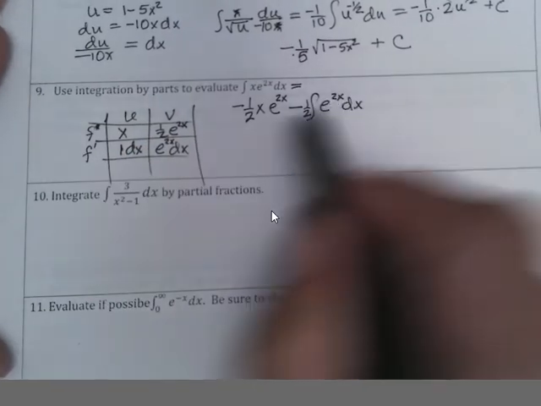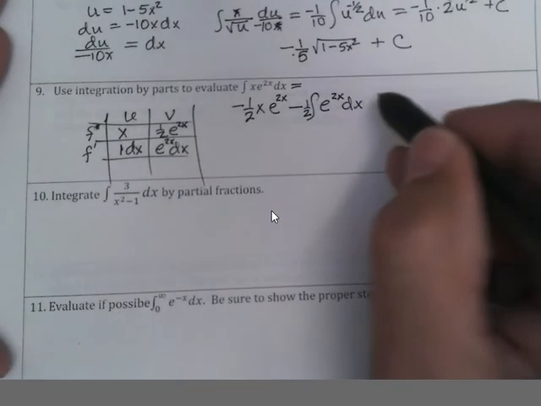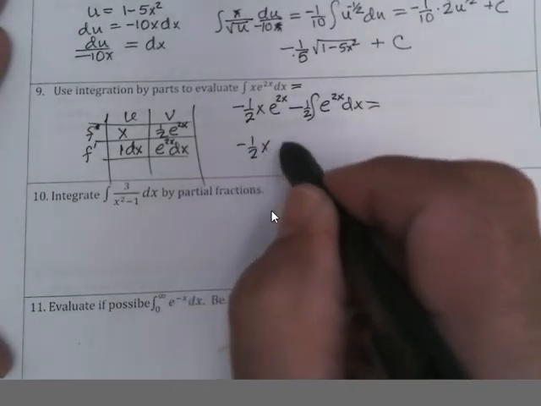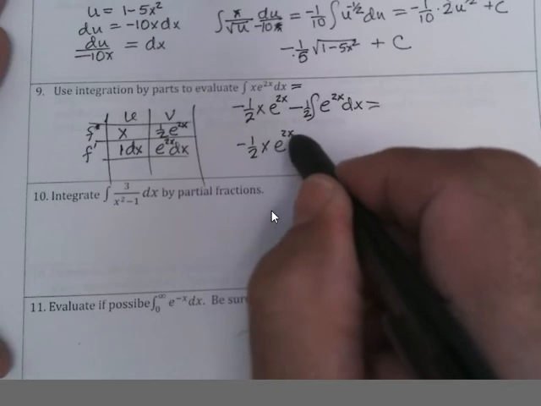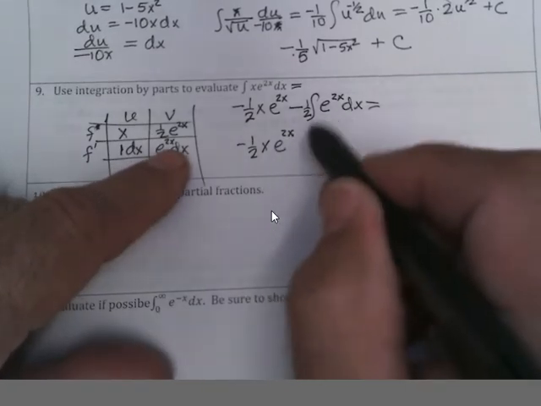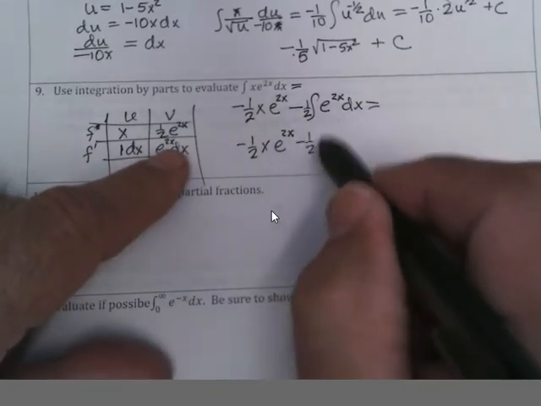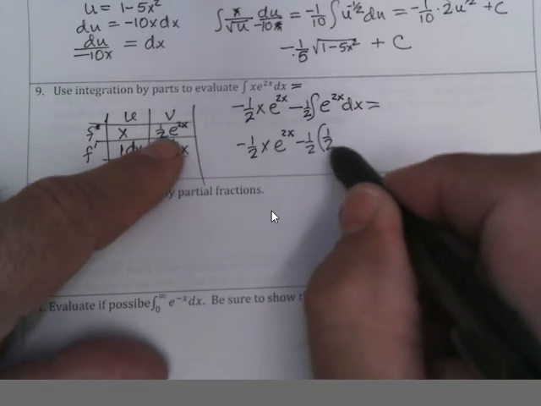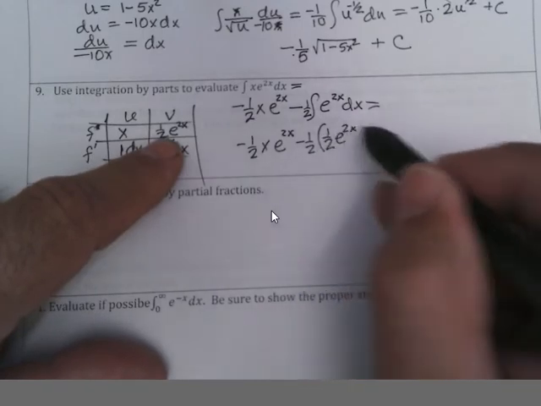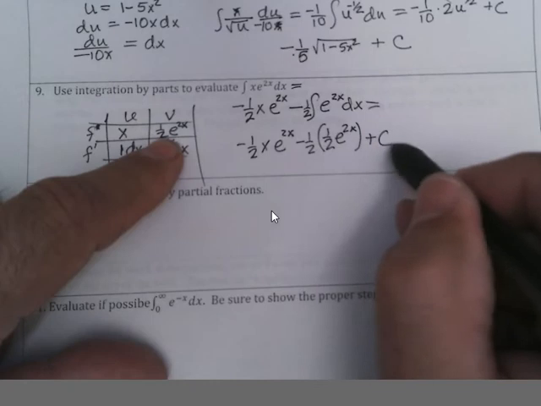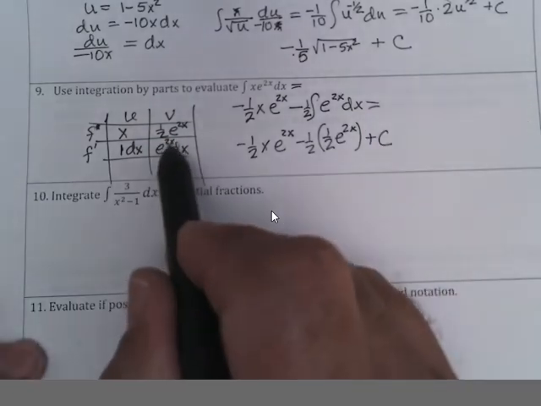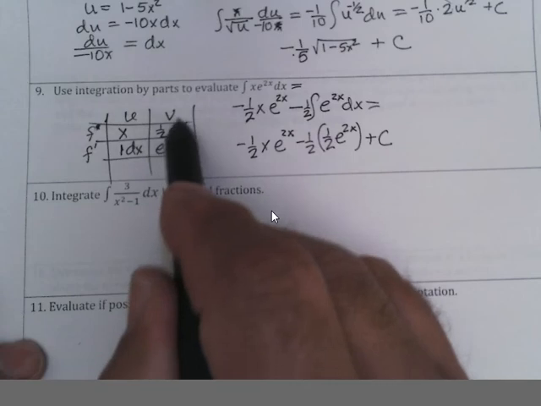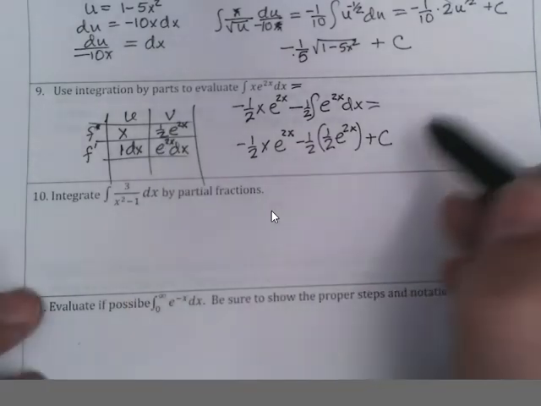And we know how to do the antiderivative of that. We just did it. And so we get minus 1/2 x e to the 2x minus 1/2 times the antiderivative of this, which is 1/2 e to the 2x plus c. And if you had trouble doing that antiderivative, do a u sub for the 2x and you should be able to see how to get that.